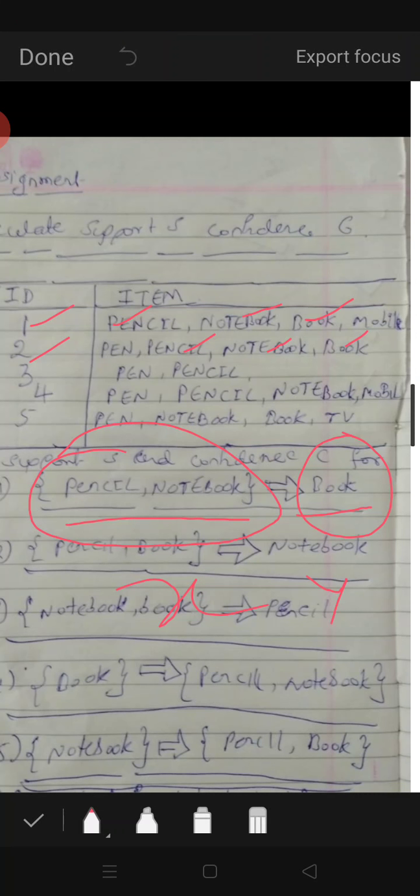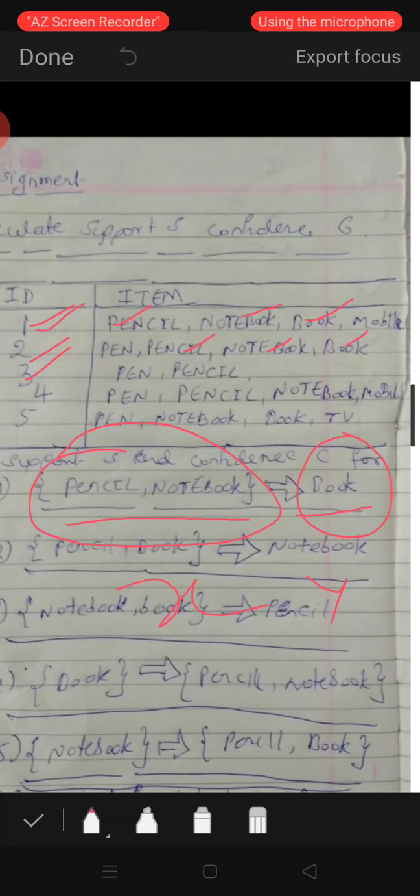In the third transaction, pen and pencil are there, but notebook and book are not available.